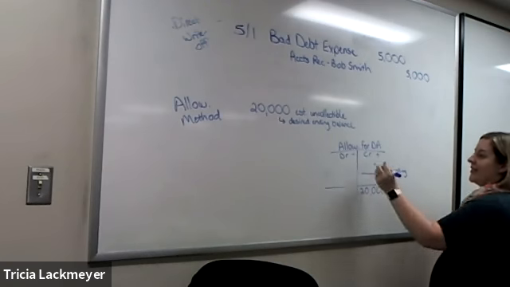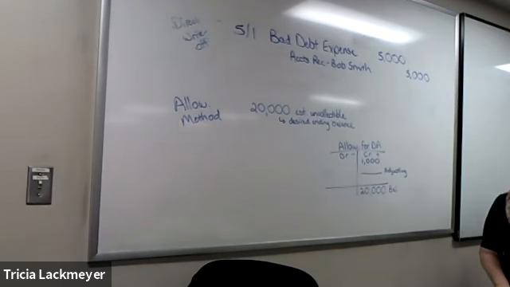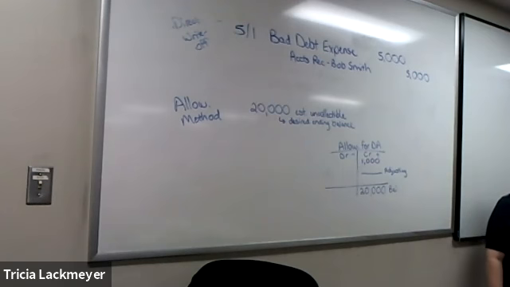So say there's an existing credit balance of 1,000. Say I have a 1,000 balance in credit in allowance for doubtful accounts, and I want my ending balance to be 20,000. What would my adjusting entry amount be? 19,000. 19,000, good.